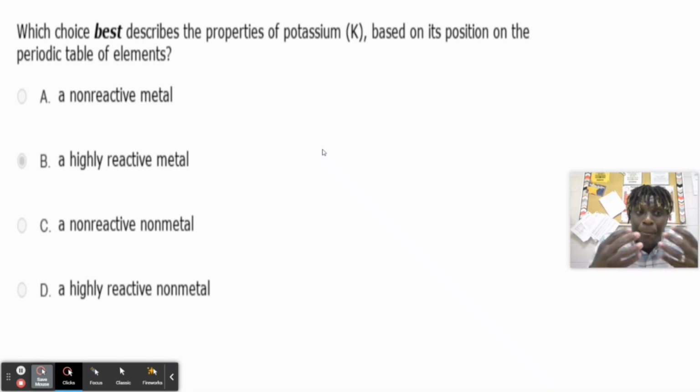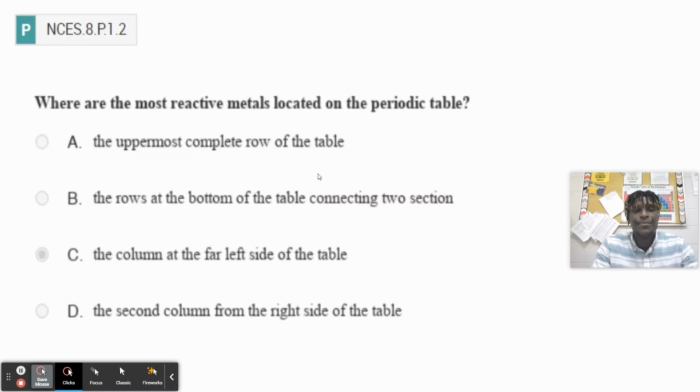And the answer is B, a highly reactive metal. What did we say about the reactivity? As you go down the group, it gets very reactive. And groups 1 and 2 are called metals. So the answer could not be D because it says non-metals. The answer has to be B, highly reactive metal.